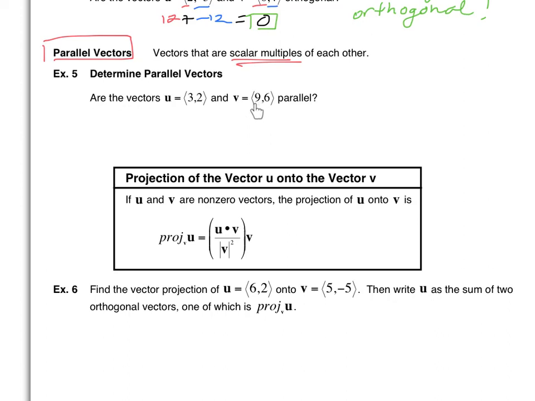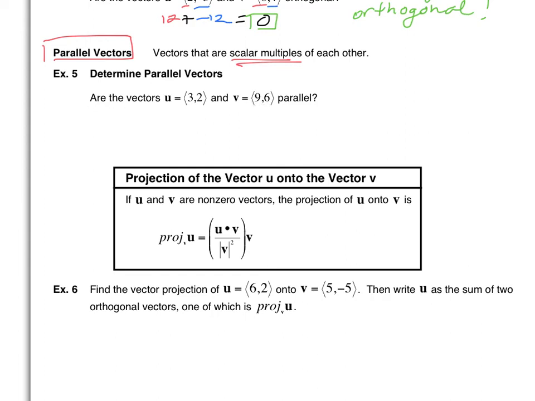What? 3. That means I'd have to multiply the 2 by the very same thing, and it also multiplies by 3 to get 6. So if I had instead, let's say that was 3 and that was 9, but then this was 2 and this was 5, they would not be parallel because they were not both multiplied by the same number. So be careful with that.